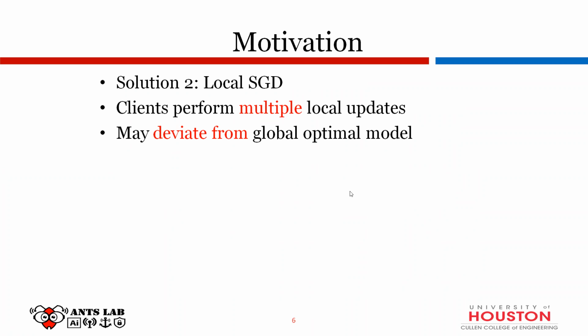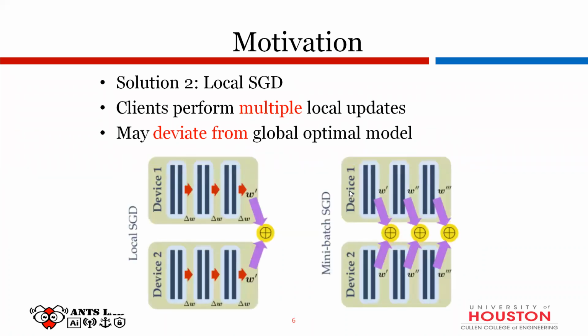If you want to reduce the communication, you must have more local steps, as this graph indicates. So if we do more local steps before transmitting, we might actually affect the accuracy.